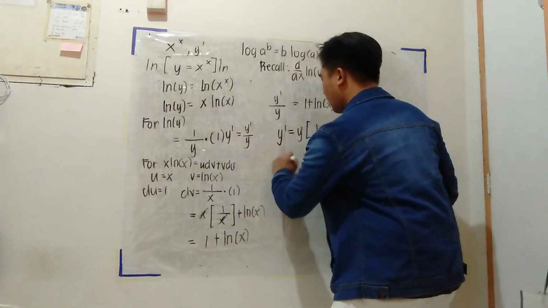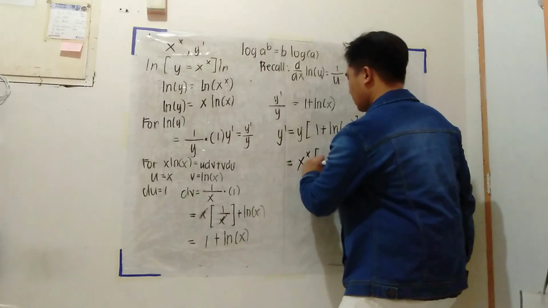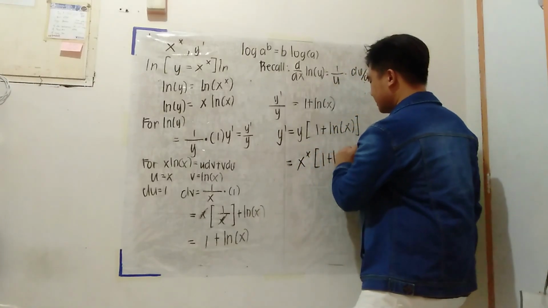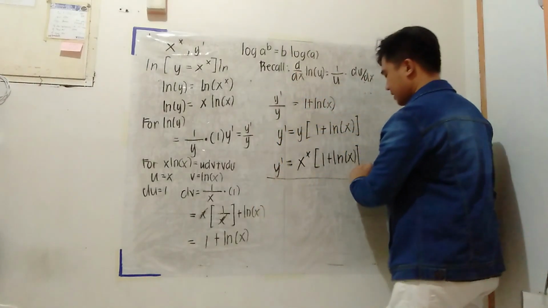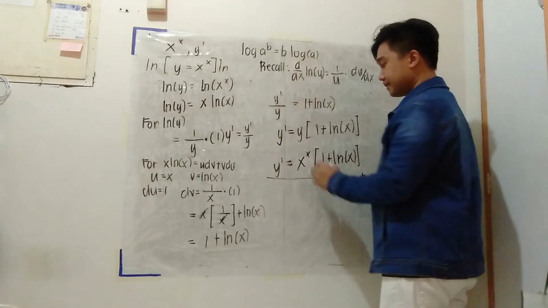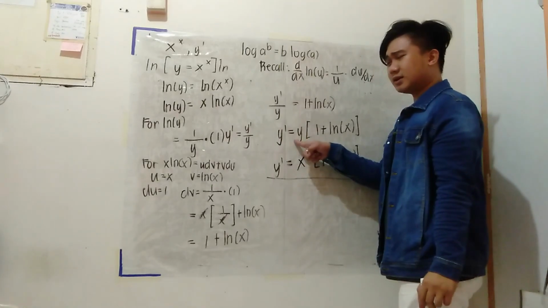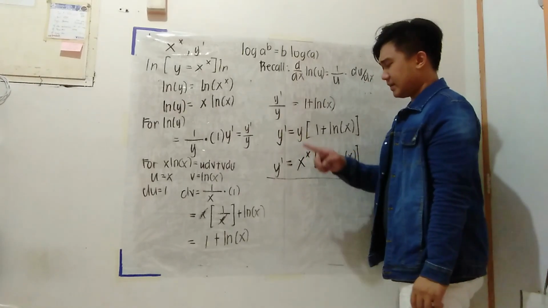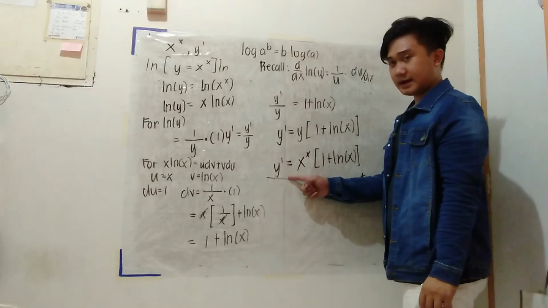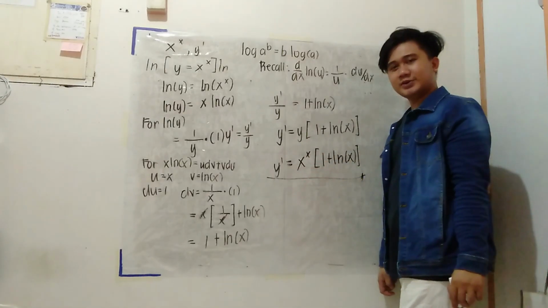So, I replace y with x raised to x, quantity 1 plus ln of x. And this is our y prime. Okay? So, is this correct? At some point it's not yet right, but this is the most correct. Okay? So, copy your notes.